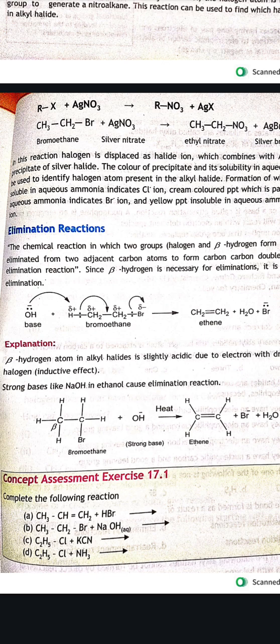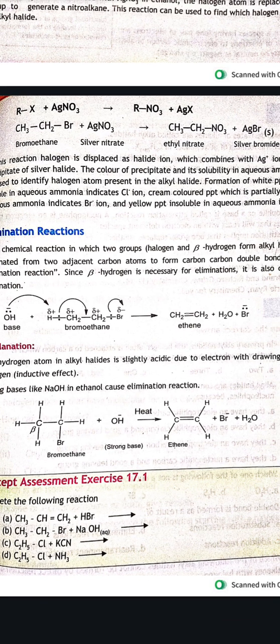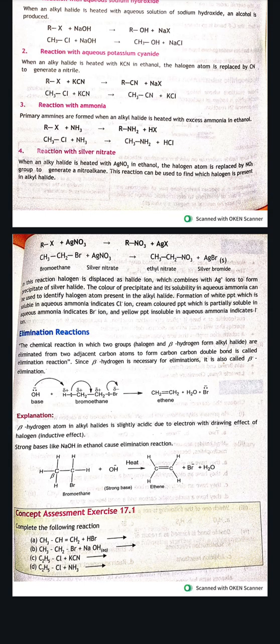Strong bases like NaOH cause the elimination reaction. So bromoethane plus hydroxide gives us ethene plus bromide ion plus water. So that is our whole chapter. Thanks for listening.